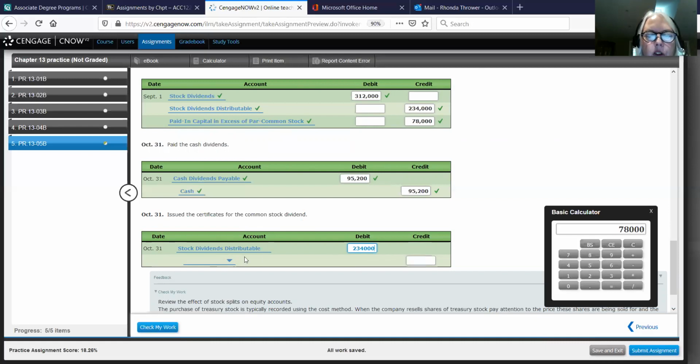And we're going to actually issue the common stock. We're putting it out on the market now at $234,000. We're distributing the stock dividends to the stockholders on record. They're getting their shares of stock, which is the stock dividend.